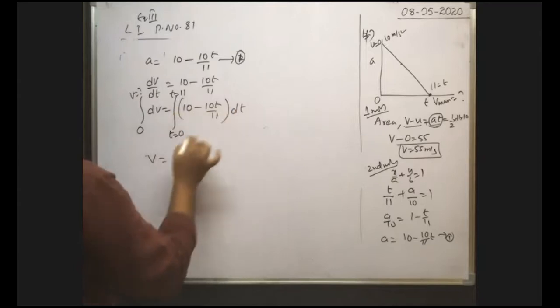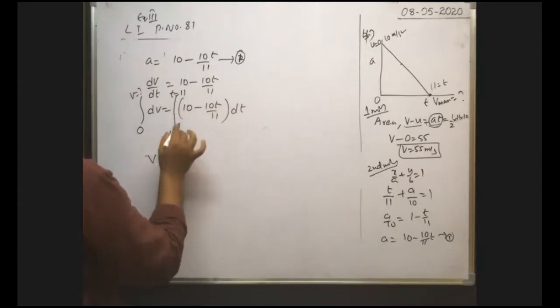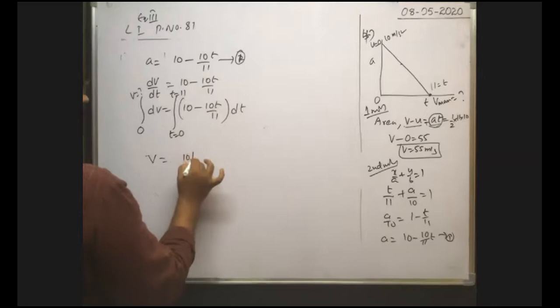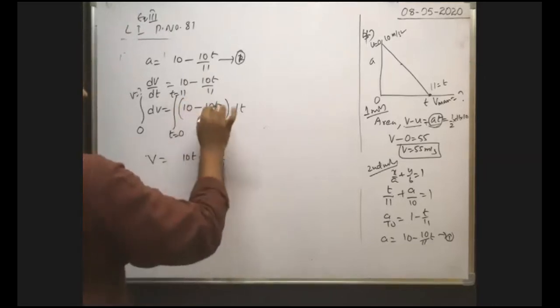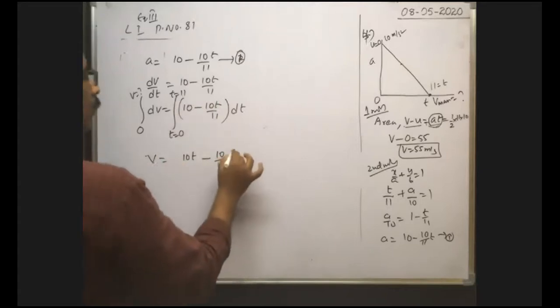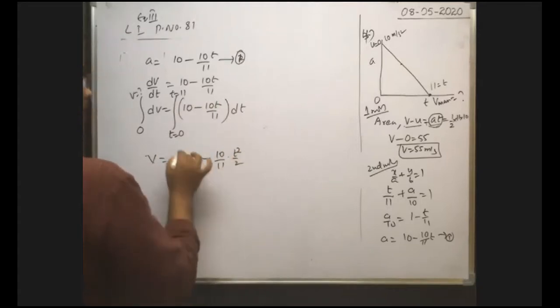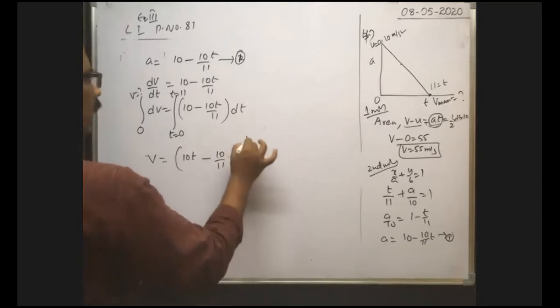Integral 10 into dt: 10 is constant, you keep it aside. Integral dt means t, so 10t, minus 10 by 11 is constant, you keep it aside. Integral t into dt means t square by 2, no? Now you apply the limits 0 to 11.